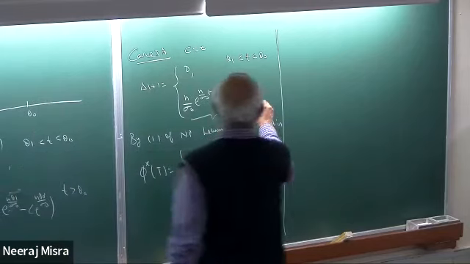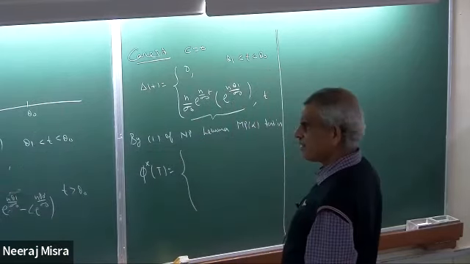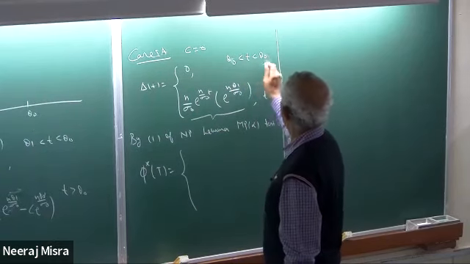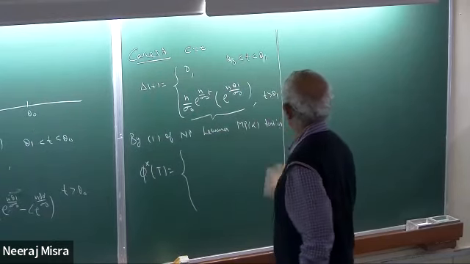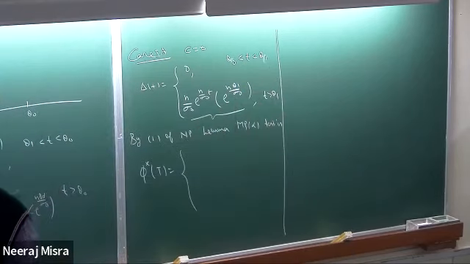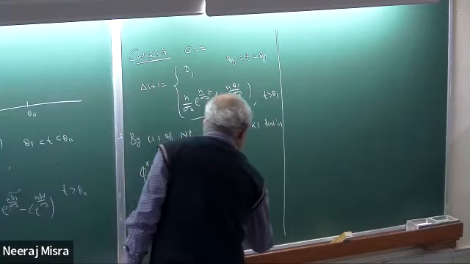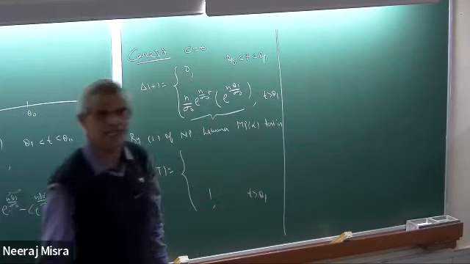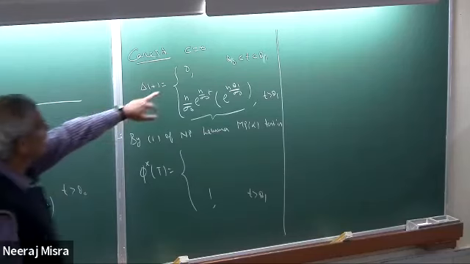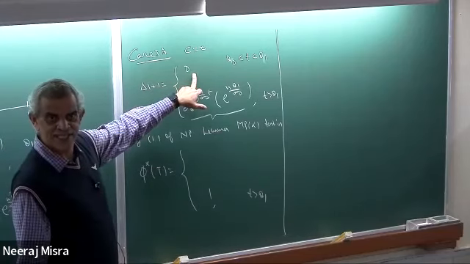This is for t bigger than theta 1. Sorry, this is for t between theta naught and theta 1, t bigger than theta. Because delta t is positive, I have to take my phi to be 1. There is no choice available to me, because that is what I said: if delta t is positive, you have to take phi to be 1; if delta t is 0, you take it to be gamma, and so on. Now in this case, I have to make it a gamma because delta t is 0.